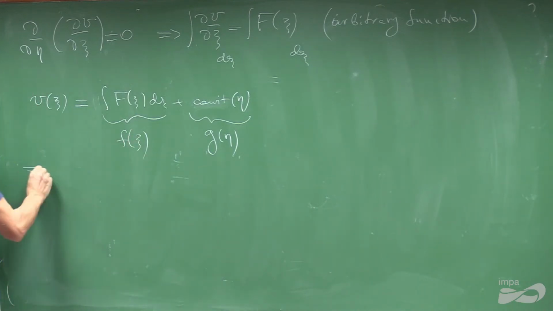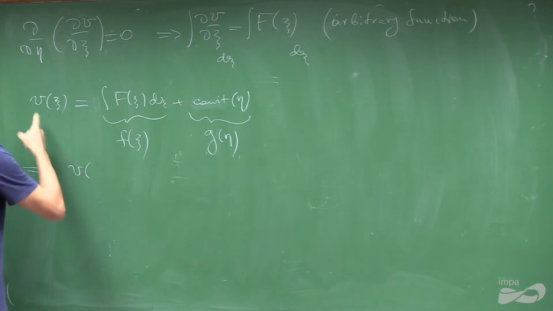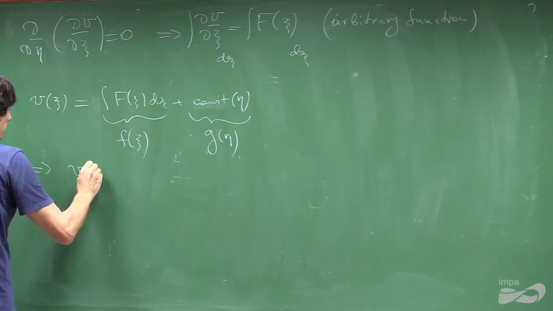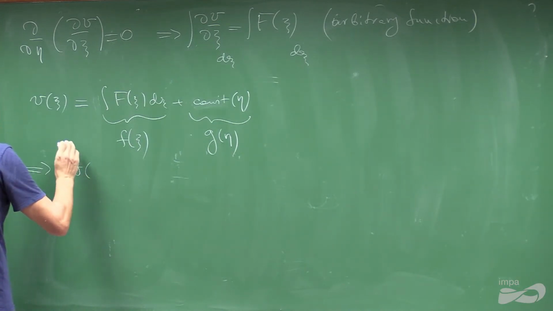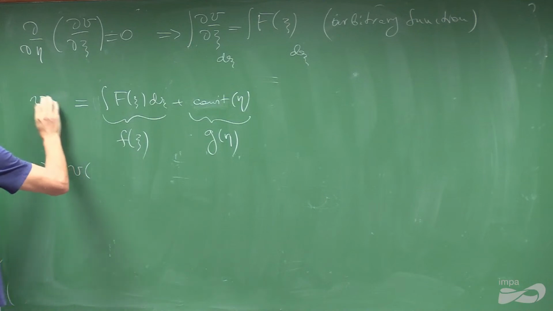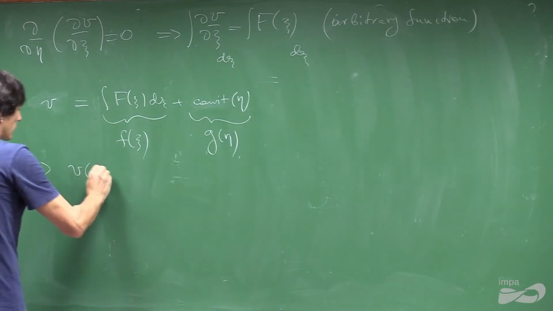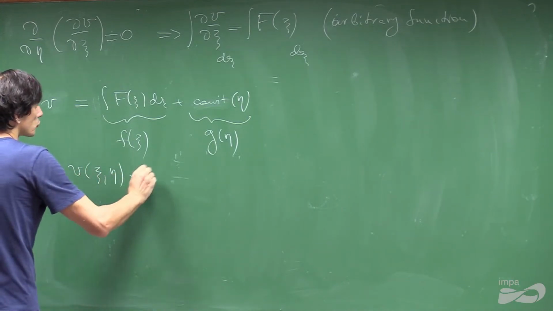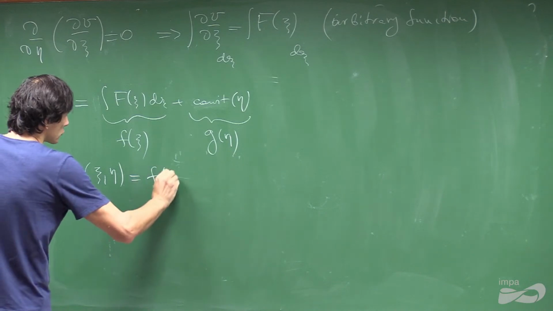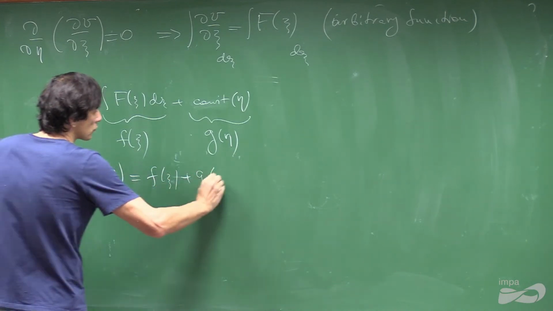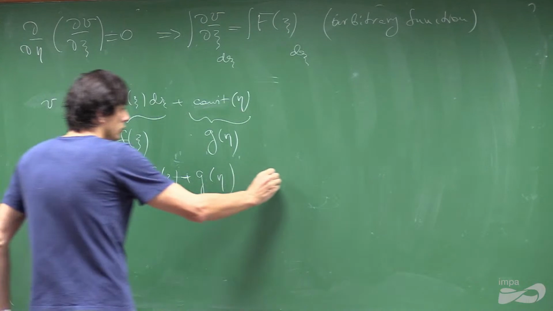So essentially what we found is that if v is a solution, its dependence on variables should be a sum of an arbitrary function of psi plus an arbitrary function of eta. So it's a general solution.